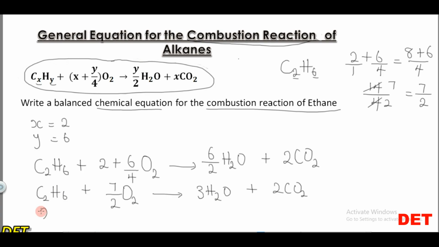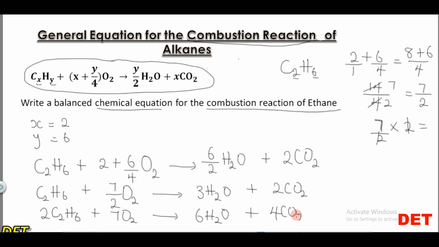C2H6 times 2 will be 2C2H6, plus 2 times 7 over 2, where the 2s cancel out, leaving 7O2, to give 2 times 3, which is 6H2O, plus 2 times 2CO2, which is 4CO2. This is the balanced chemical equation for the combustion reaction of ethane.